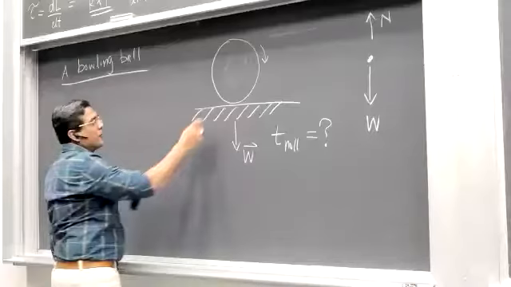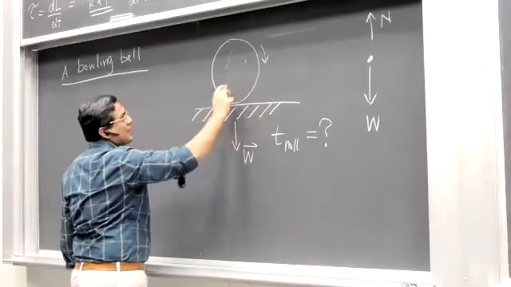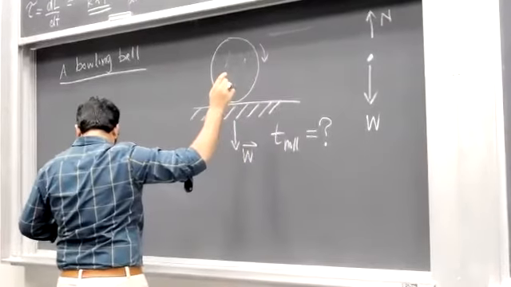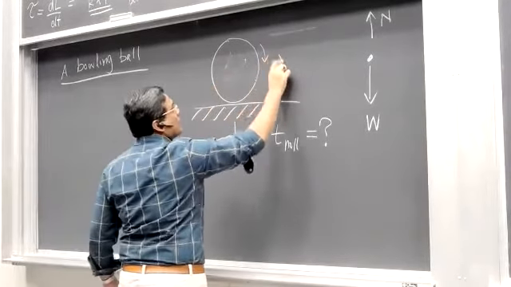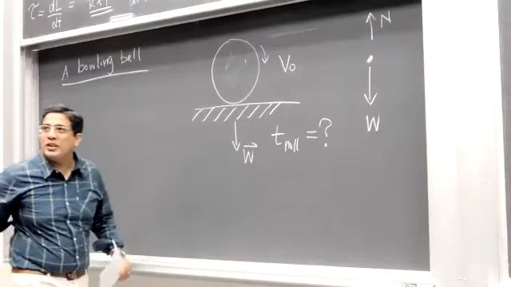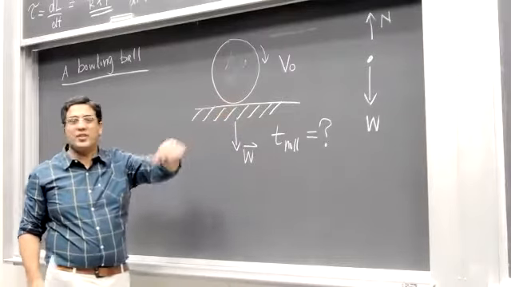So frictional force को हम करेंगे consider. The friction force, since it is skidding rightwards, and let's say we are given that the center of mass of this ball is moving initially, so when we throw it, the whole ball has this much v naught velocity in this direction, rightwards.